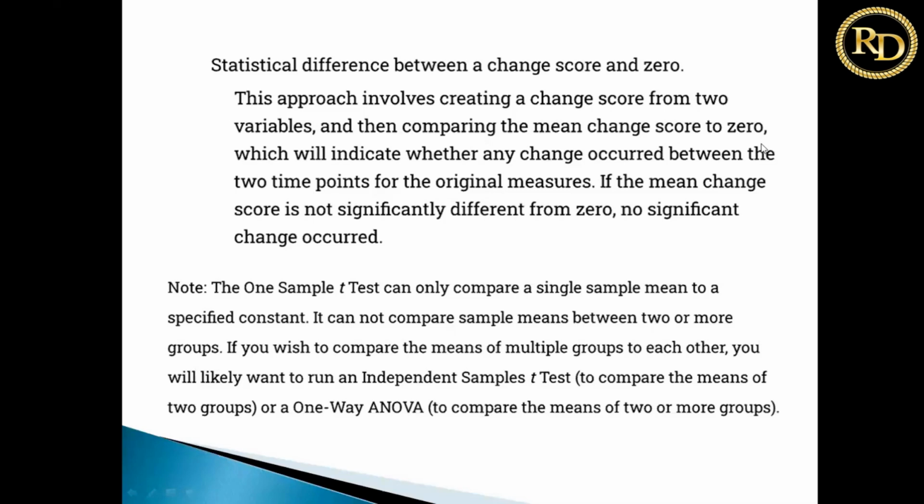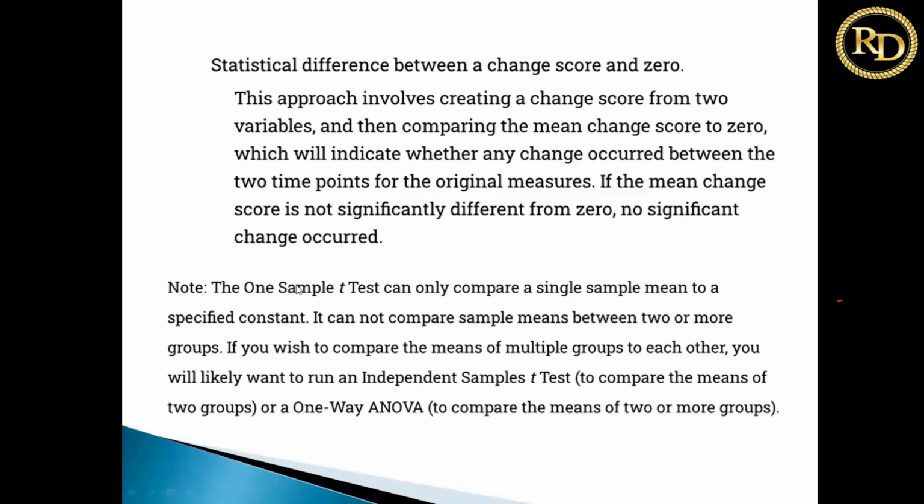It means that in the null hypothesis, we consider that the difference between the two scores is 0, which will indicate whether any change occurred between the two time points for the original measure or not. So if the mean change score, taking the difference between two points, is not significantly different from 0, then no significant change occurred. So the null hypothesis will be accepted there.